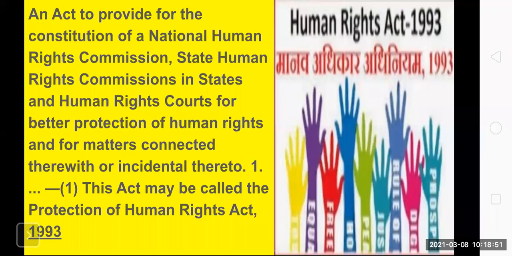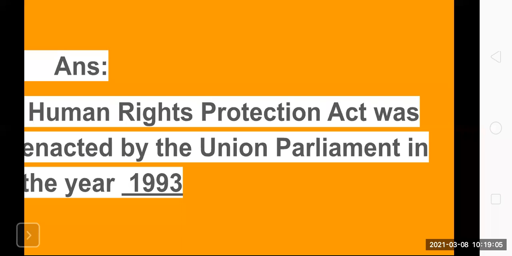This act may be called the Protection of Human Rights Act, 1993. So the Human Rights Protection Act came in 1993. So the correct answer is the Human Rights Protection Act was enacted by the Union Parliament in the year 1993.